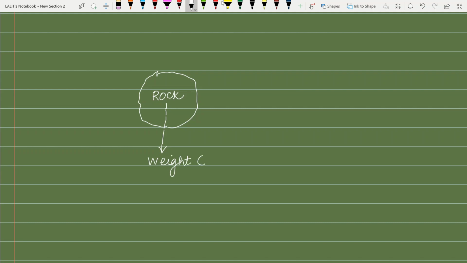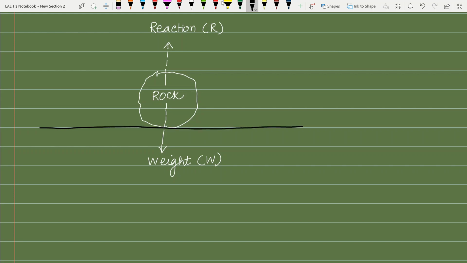Let us say this is W, and there is a reaction force acting upwards. We will read it later on when we talk about Newton's laws. We will learn about this action and reaction. So there is a reaction force upwards, and under normal condition weight and reaction are equal. So we have a surface, this is the ground.